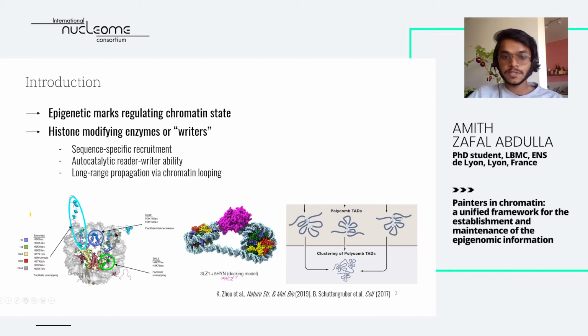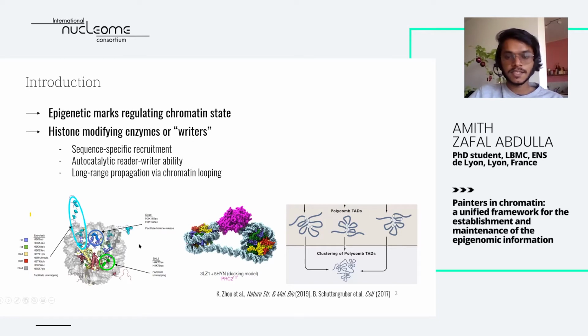So the question we are trying to address is, can we have some generic or unified principle for this particular process?